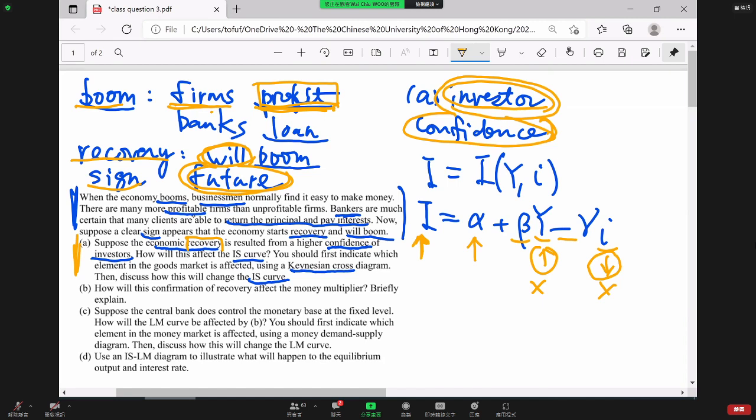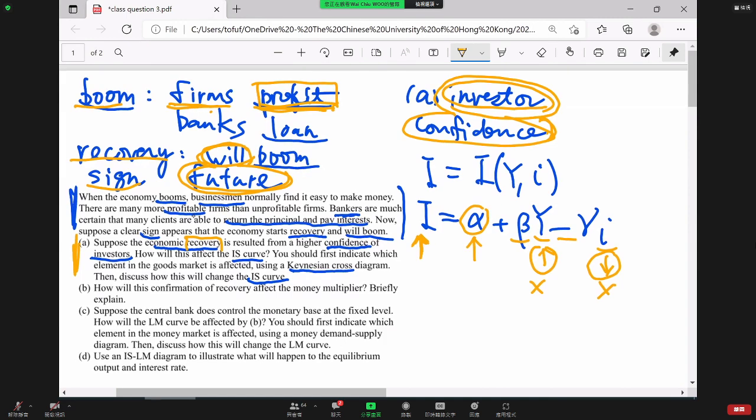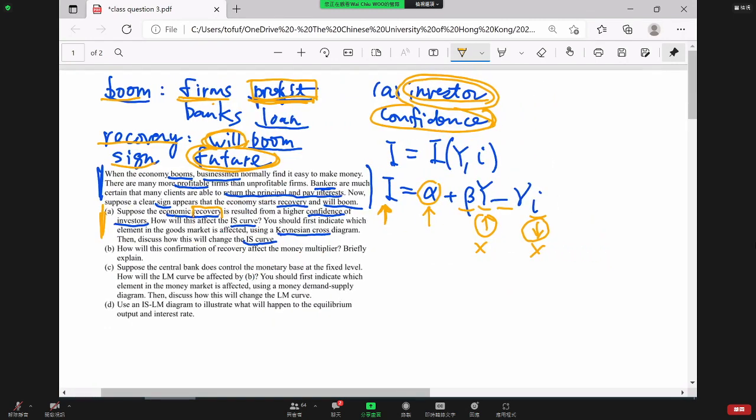If it is expressed in terms of a function like this, it is the alpha value that increases. Of course, you don't need to have the linear model like what I have written down, but the key point must be that something happens to investment even though the interest rate is unchanged. Investors still want to invest more because they think there will be a brighter future.